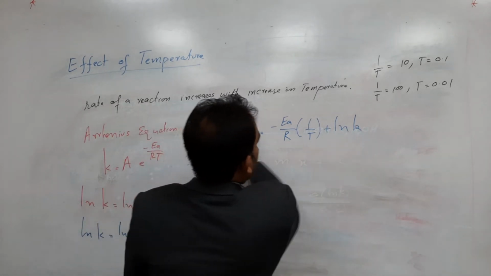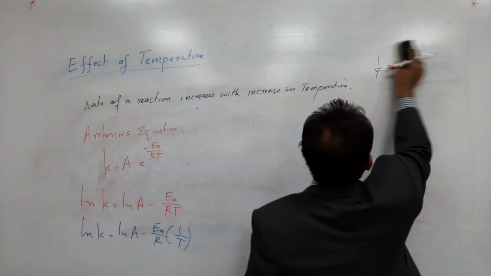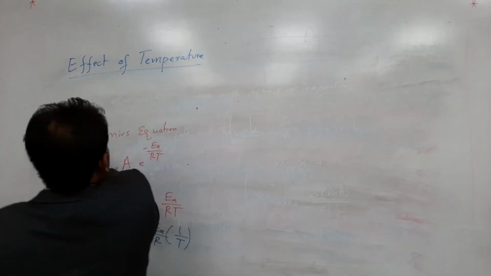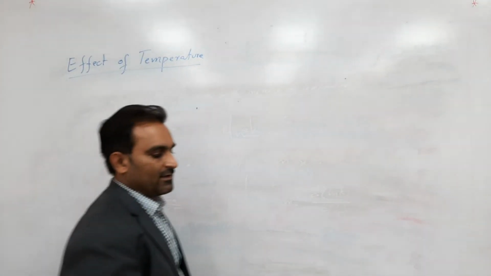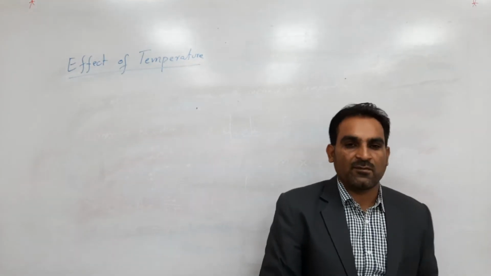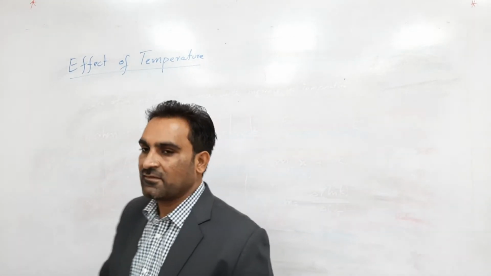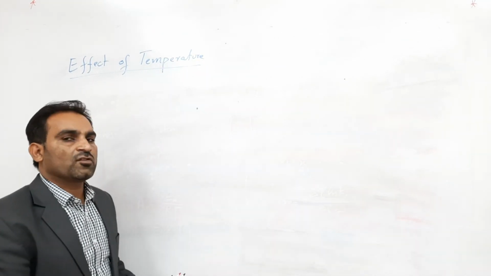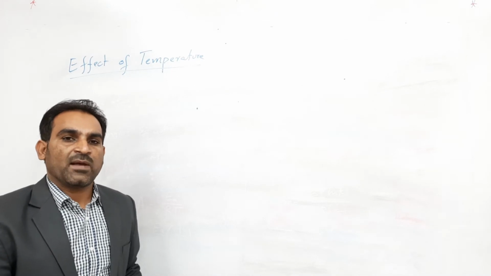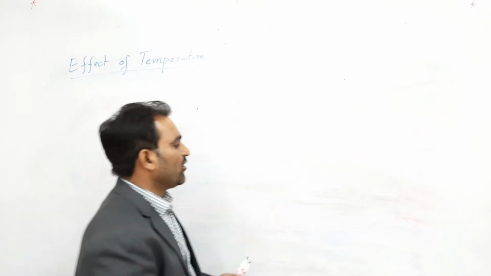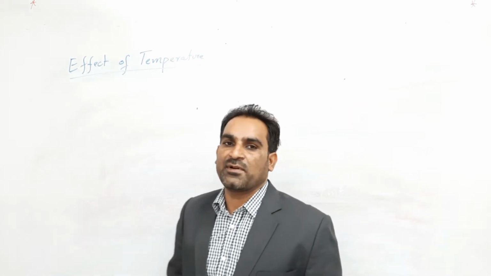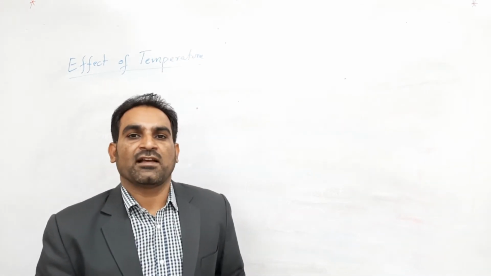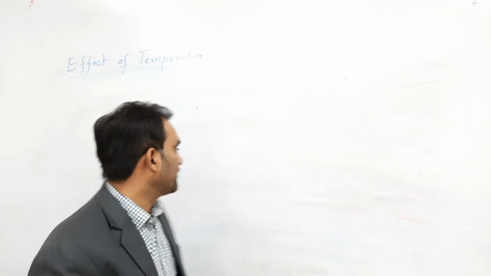So this is a way, using this concept, you will be able to find the activation energy of a reaction. There is no such direct experiment to find the activation energy. Only in this way, by measuring the rate constant at two different temperatures, you will be able to find the activation energy of a reaction.